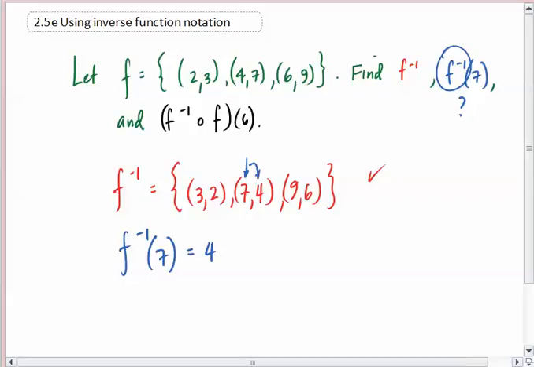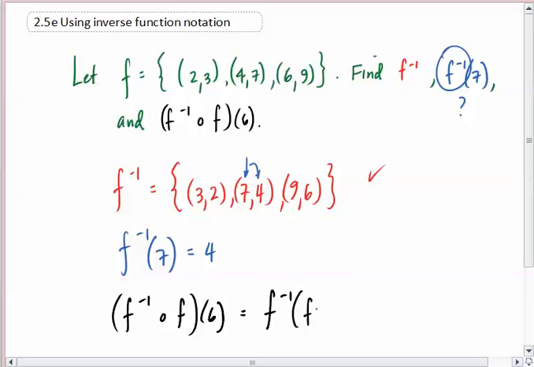Okay, and now the very last question they're asking is, we want a composition of these two inverses, and then we want to know what happens with 6. This means this: f inverse is going to be the outer function.